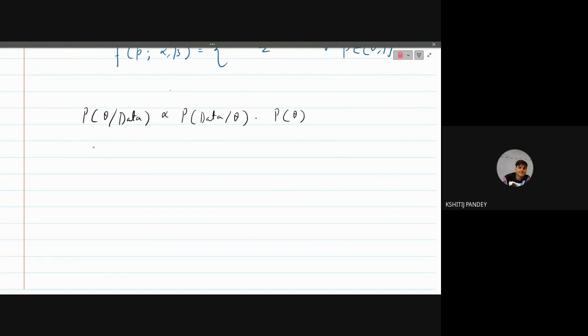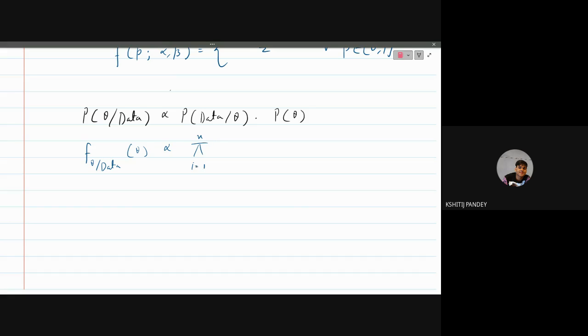So from here, your posterior density of theta given the data, this is directly proportional to your likelihood. And what is your likelihood? This we have just done a few minutes ago.